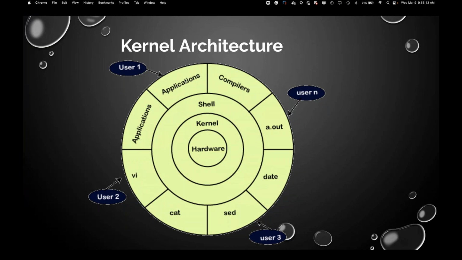Through our terminal, I'm applying the ls command, the move command, whatever commands we have. Our shell takes our input like the ls command and looks for whether this binary is installed or not. Once the binary is available, it gives the ls command to the kernel. Kernel will process it with the help of hardware.